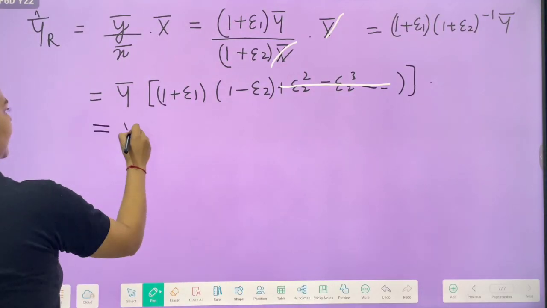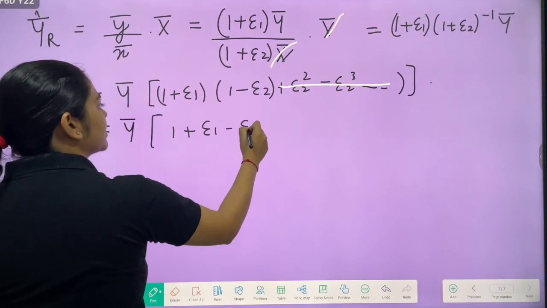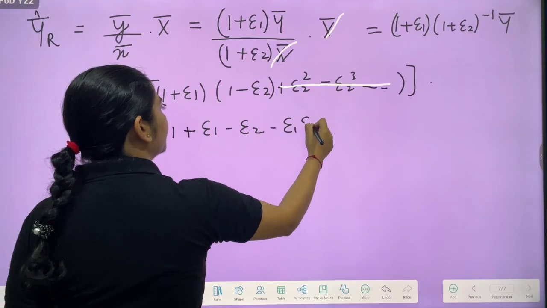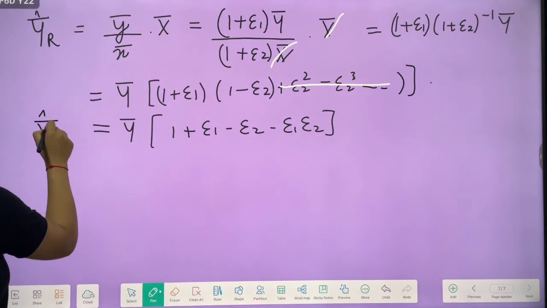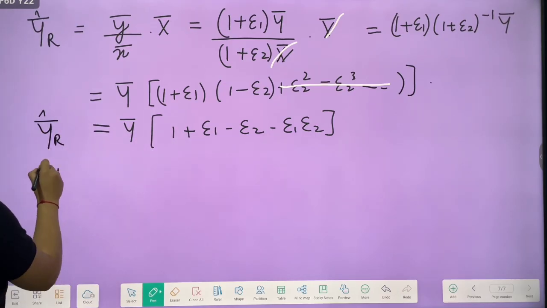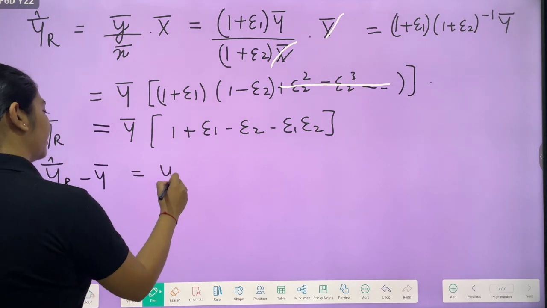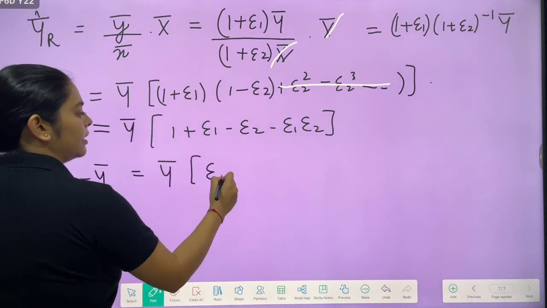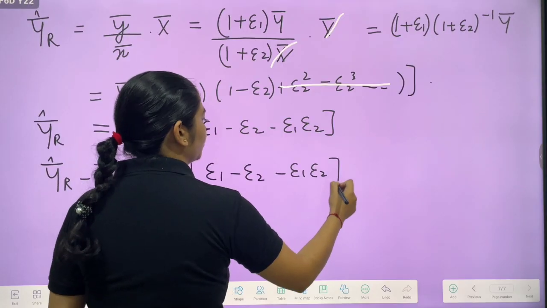Multiplying it, we will get Y bar into 1 plus epsilon 1 minus epsilon 2 minus epsilon 1 into epsilon 2. This is Y hat R. Now we can take Y bar here, subtracting Y bar. We are left with Y bar into epsilon 1 minus epsilon 2 minus epsilon 1 into epsilon 2.